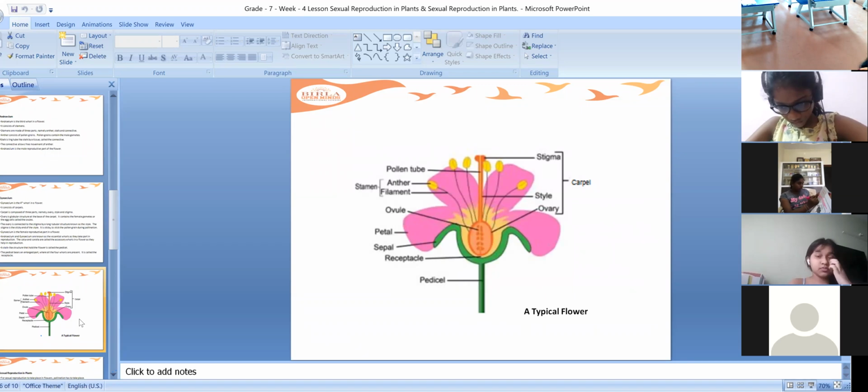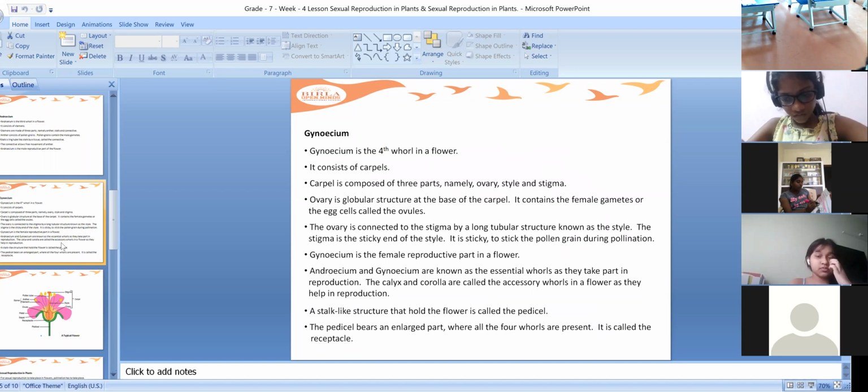The pedicel bears an enlarged part where all the four whorls are present. It is called, underline it, the receptacle.